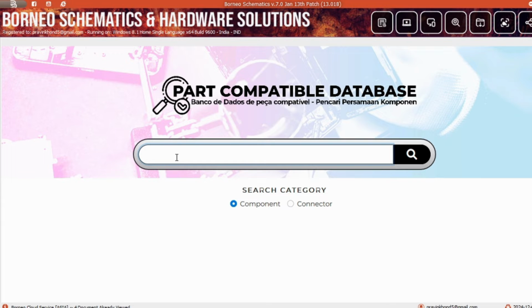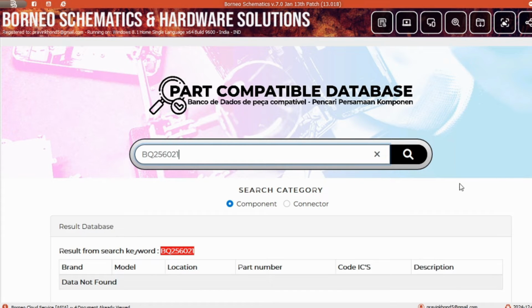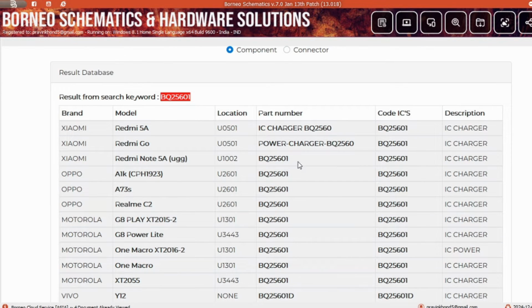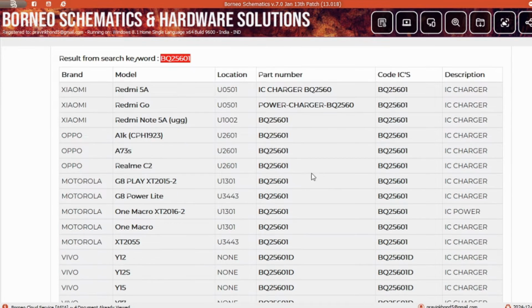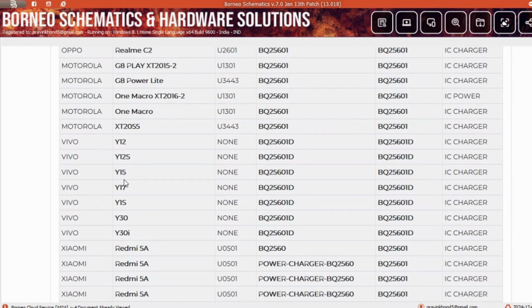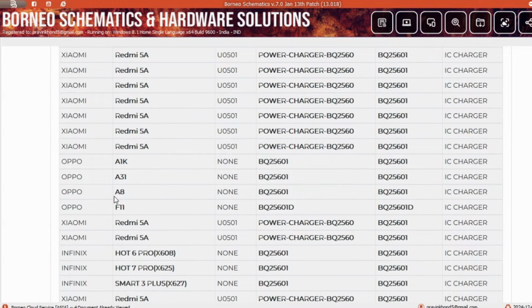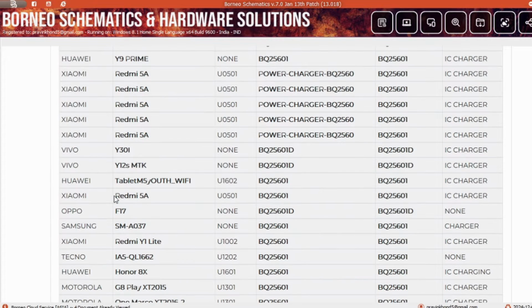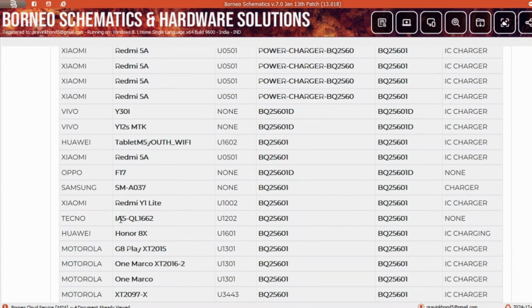In this section, if I type the IC number BQ25601 and enter, you can see this IC is used in many companies with different models, like Xiaomi, Oppo, Motorola, Vivo, Infinix, Huawei, also Samsung. Most companies use this IC, Motorola with the latest and old models.